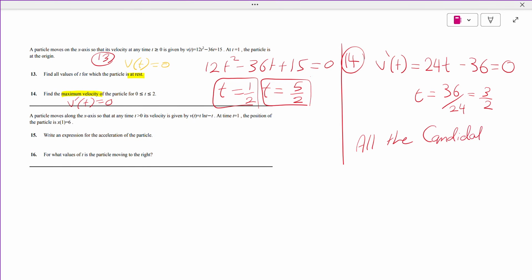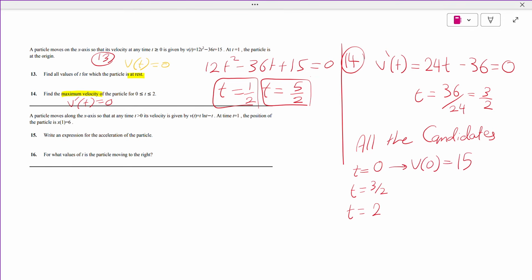Okay. Now let's check all the candidates. What are the candidates? The first candidate is at t equals 0, the endpoint, and at t equals 2, and at t equals the critical point, which is 3/2. Let's find v of 0, which will be 15.